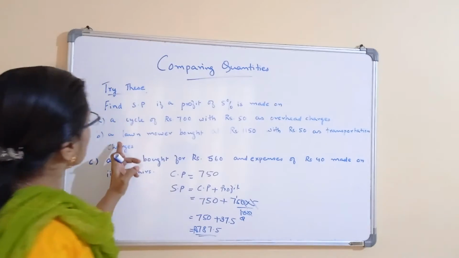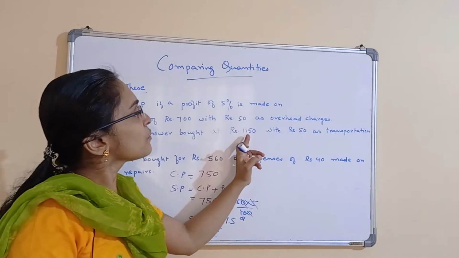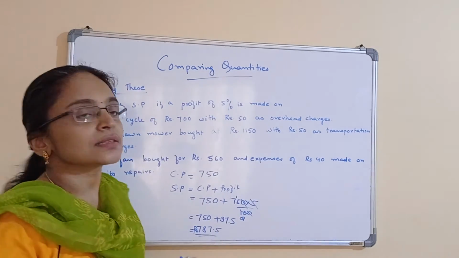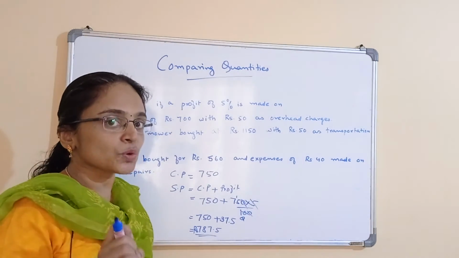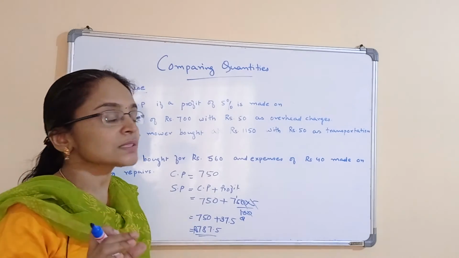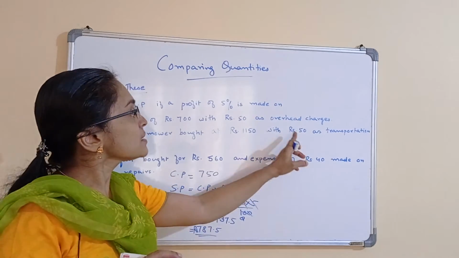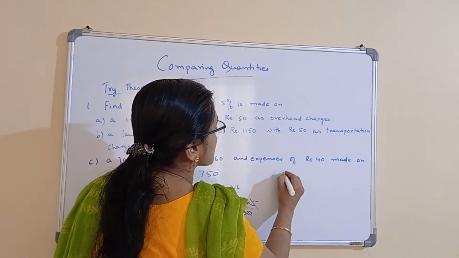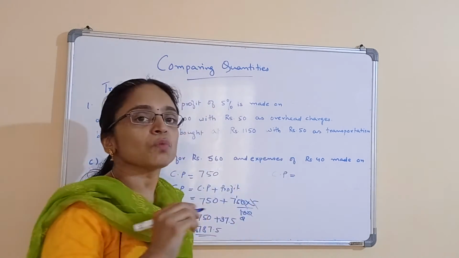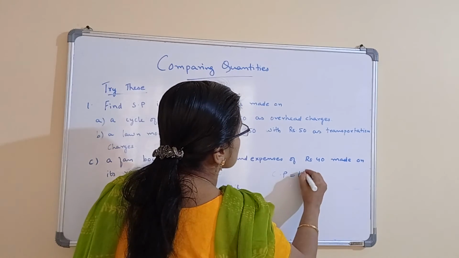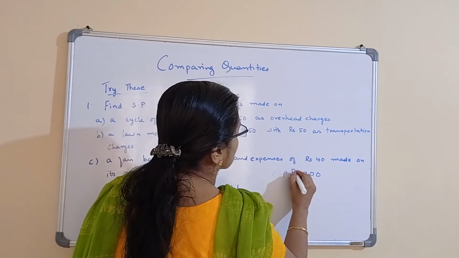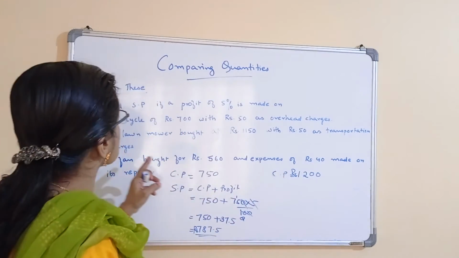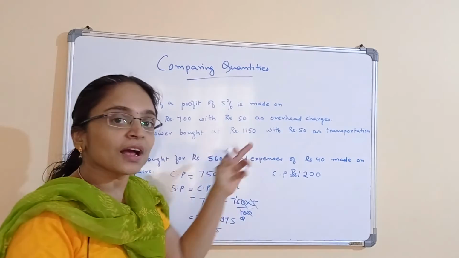So the selling price here is 787.5 rupees. Now a lawnmower bought at 1150 with 50 rupees as transportation charges. This transportation charge is also the overhead charge because we are spending 50 rupees on this lawnmower after buying it. So what is the cost price? Cost price is equal to 1150 plus 50, which is equal to 1200. Cost price is equal to 1200 rupees. Now profit is 5%.